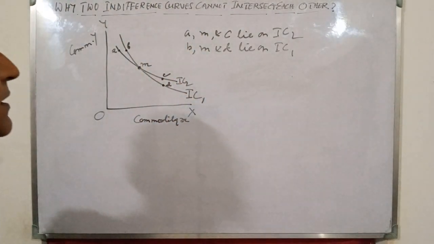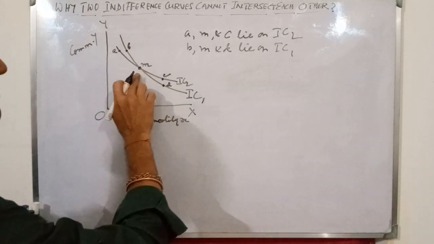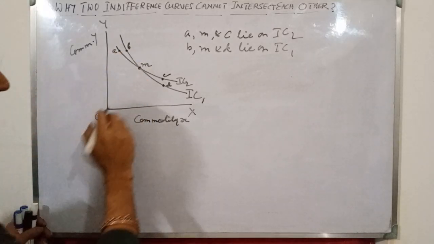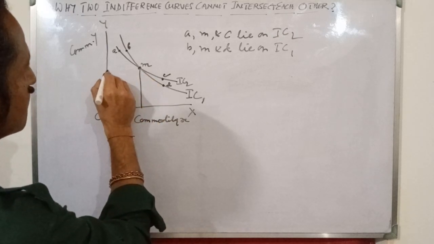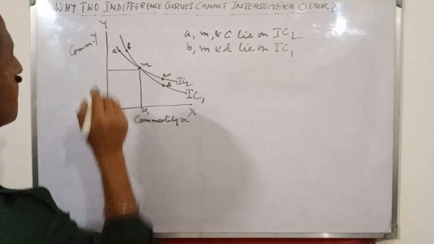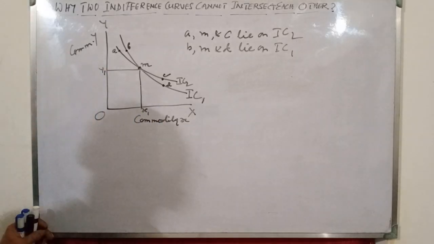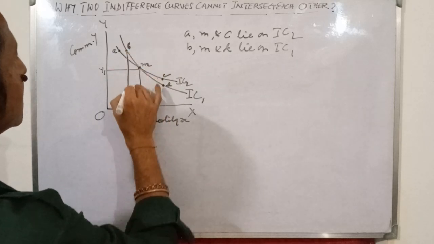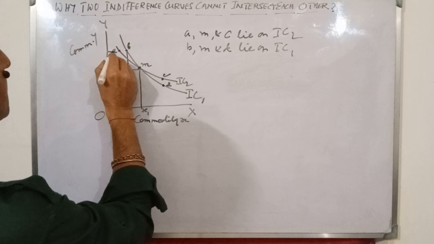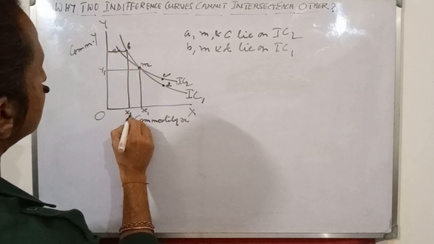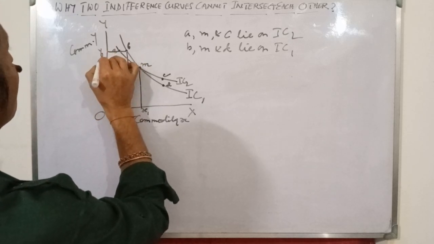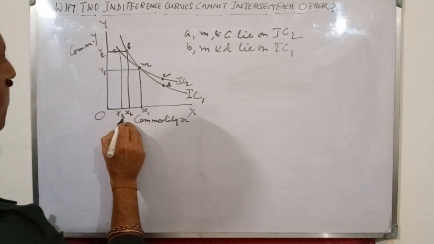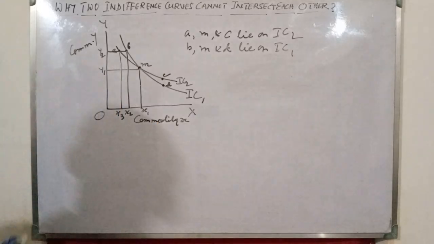Now since B and M lie on the same indifference curve, the consumer is indifferent between B and M. Let M denote x1 of X and y1 of Y. B denotes x2 of X and y2 of Y. A denotes x3 of X and y2 of Y.